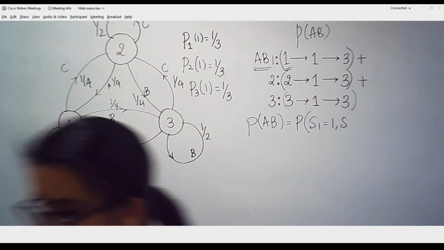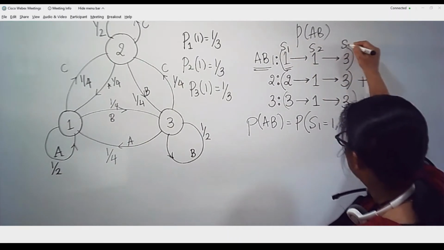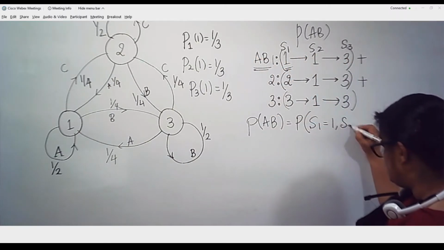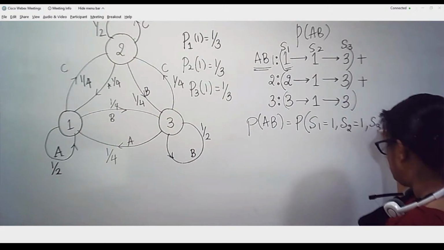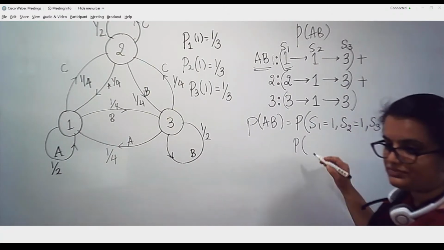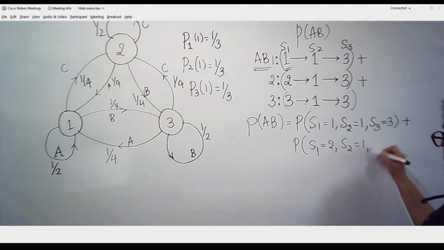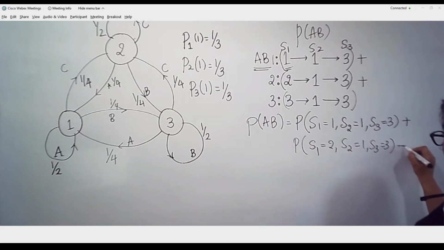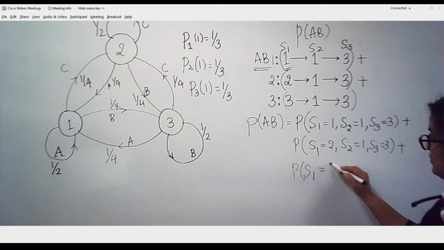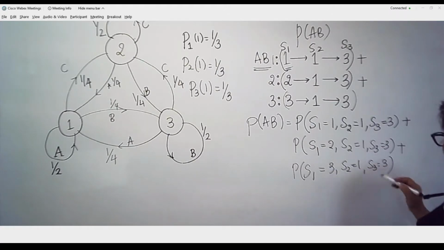This is the state of the individual symbol. I call these S1, S2 and S3. The state transitions to get the message called AB: probability that S1 is equal to 1, S2 is 1, S3 is equal to 3, plus probability that S1 is equal to 2, S2 is equal to 1, S3 is equal to 3, plus probability that S1 is equal to 3, S2 is equal to 1, S3 is equal to 3.